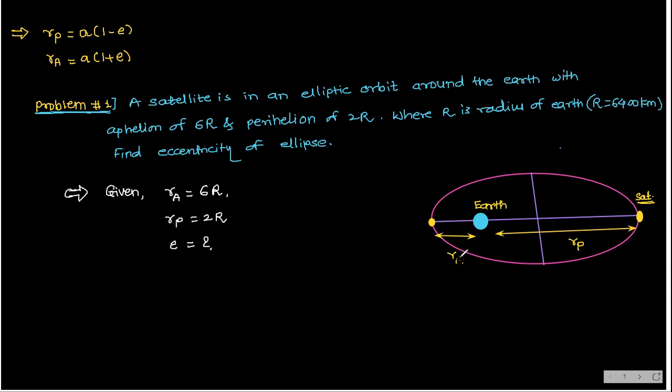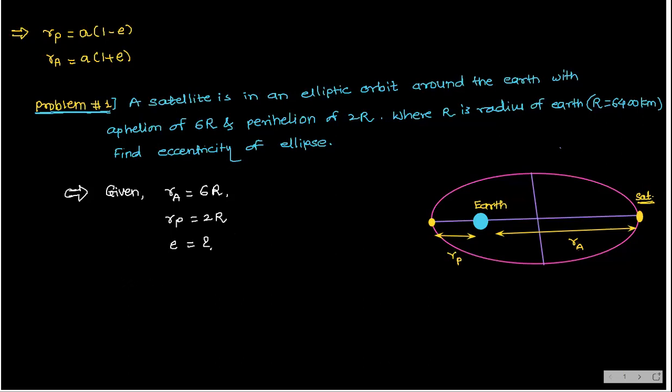RP is the distance from the Earth to the satellite, the closest distance, called perigee. This is perigee, this is apogee. And this is already given, 2R and 6R.